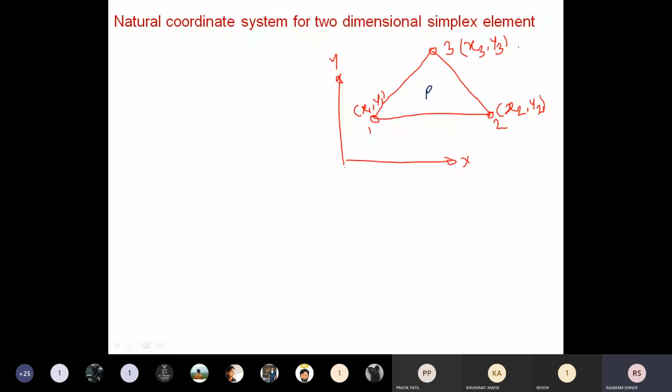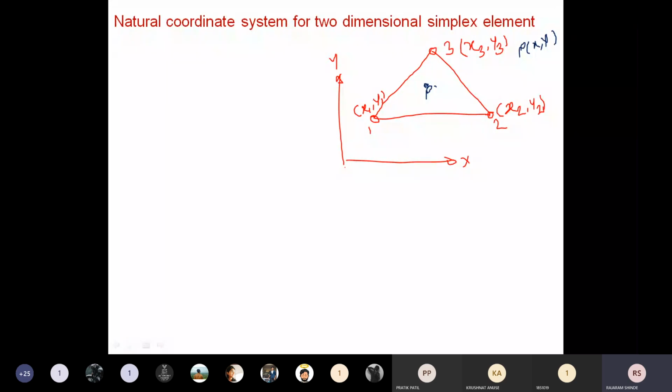The coordinates of P are x, y in the global coordinate system. That means the global coordinates of P are x, y. This total triangle is one element, and this is one point on the element.